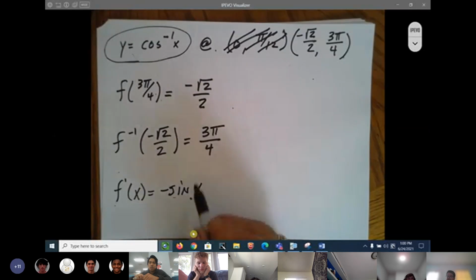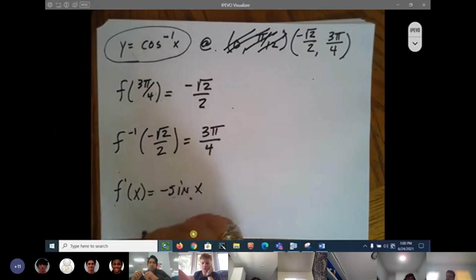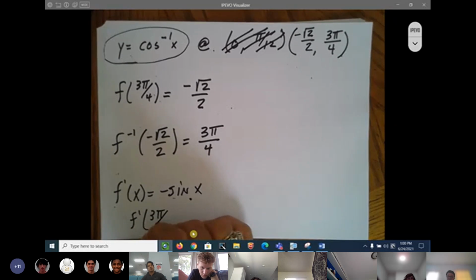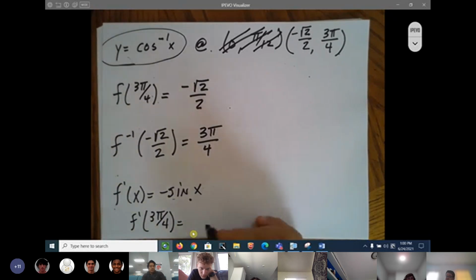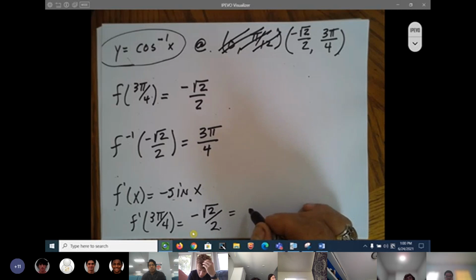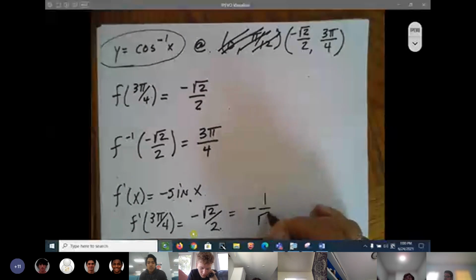And now you plug those numbers in. f prime of 3 pi over 4 is equal to negative square root of 2 over 2, which is equal to negative 1 over the square root of 2.